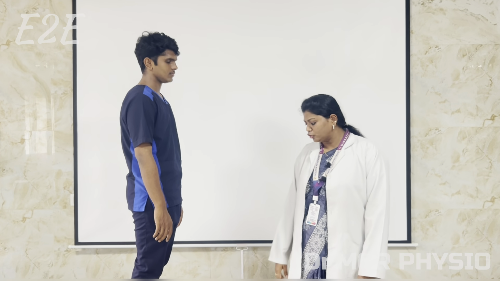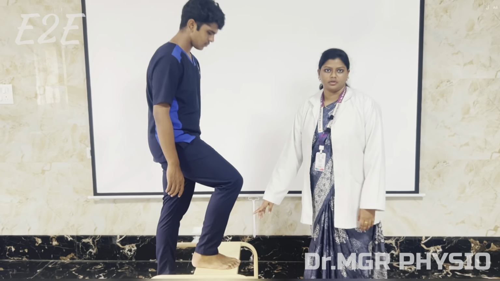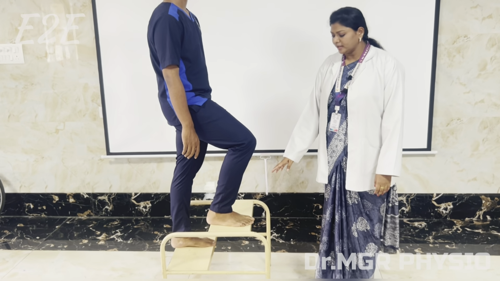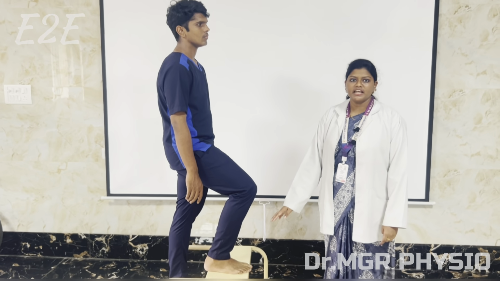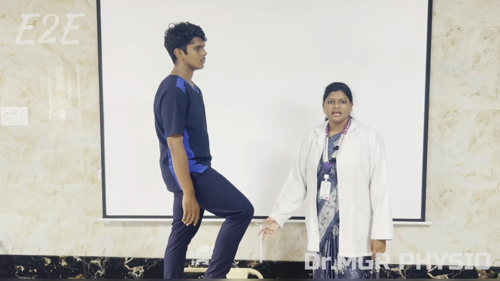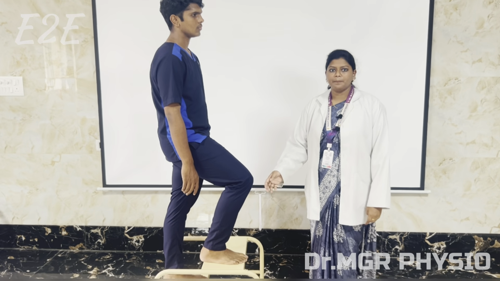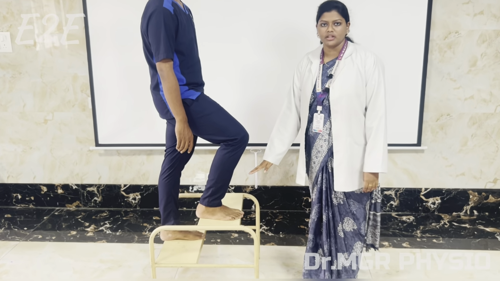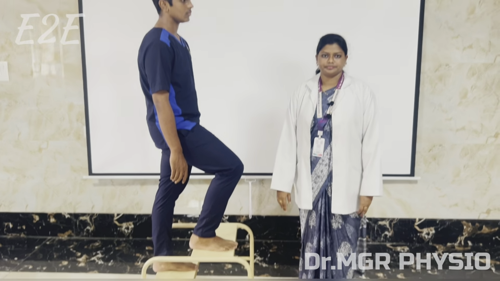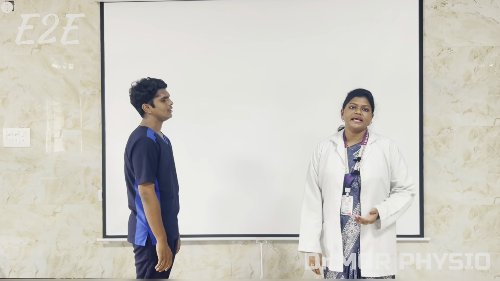The next position is step standing, in which the subject is made to place one foot on the stool, so the hip and knee are flexed. It is mainly used to perform stretching of the hip, knee, ankle and trunk muscles, with the foot placed on the stool.